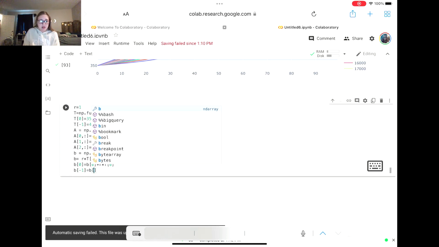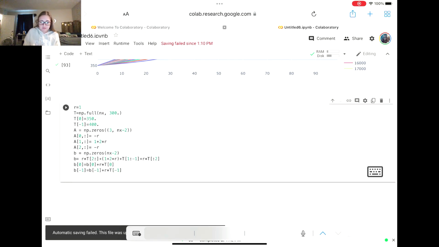And then our other boundary is at that -1. It's on the other side, and it's going to be the same thing in here. Plus, there it is, r times t to the -1. Shifting on the wrong times.